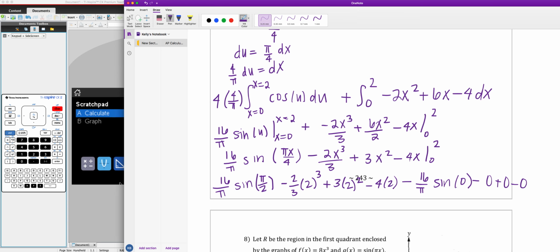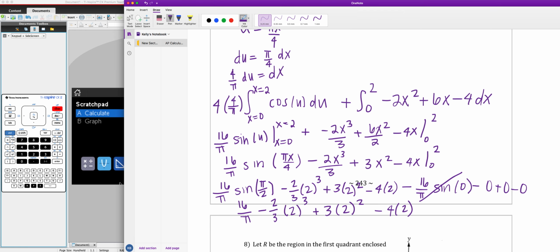Well, sine of 0 is 0, so that whole piece is going to go away, and sine of pi over 2 is equal to 1, so we end up with 16 over pi minus the 2/3 times 2 cubed, plus 3 times 2 squared minus 4 times 2 on that piece. And we have everything there.